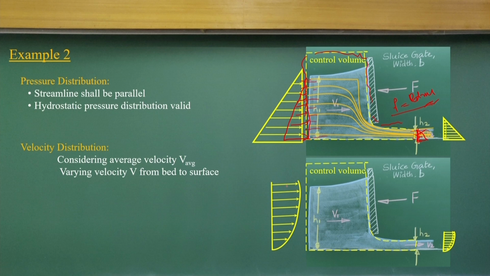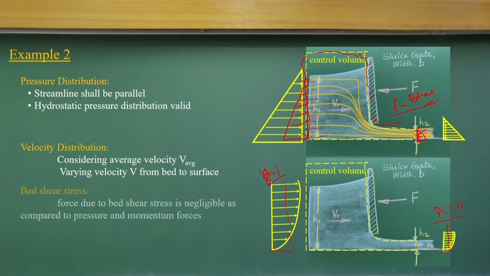We do not consider the velocity distribution, or we consider beta equal to 1, a uniform velocity, but this assumption is not valid in real-life problems. The velocity distribution will come like this. So we assume a uniform velocity distribution, with beta equal to 1, and the average velocity is used.